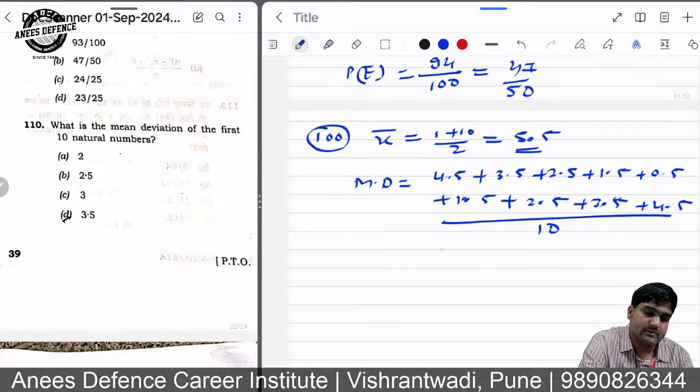When we add all these values and divide by 10, we get the answer. So 4.5 plus 4.5 is 9, 3.5 plus 3.5 is 7, 2.5 plus 2.5 is 5, 1.5 plus 1.5 is 3, and 0.5.